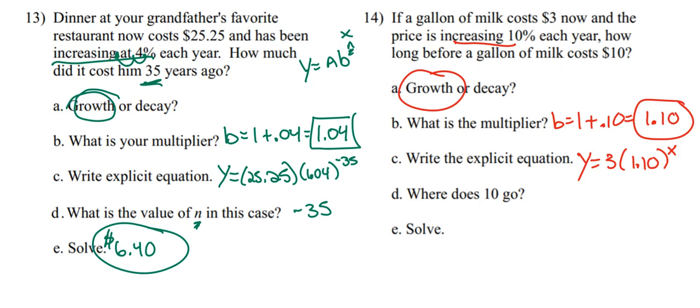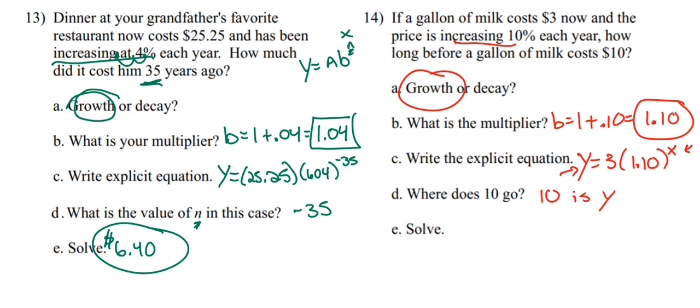Now, this question is different. It says, how long before the gallon of milk costs $10? So that's not going to go in for x. It's going to go in here for y, because you know what the cost is. You want to figure out the time if you know the cost. So we could put $10 in here for y. Oh, so let me answer the question. 10 replaces y.